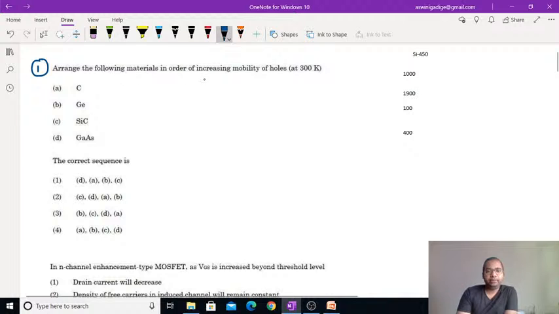arrange the following materials in order of increasing mobility of the holes. Increasing mobility of the holes, that means mu suffix p. For your reference, I have kept the values here. For silicon, the mobility of the hole is 450, for carbon it is 1000, for germanium 1900, for silicon carbide 100, and for gallium arsenide 400.